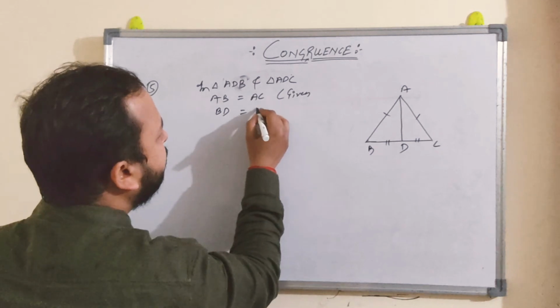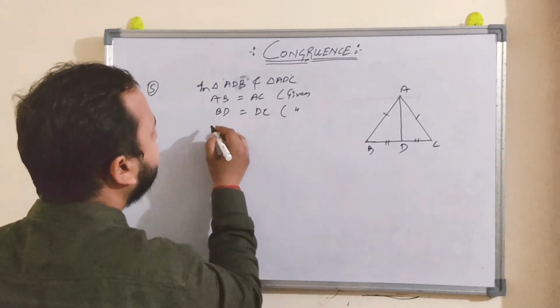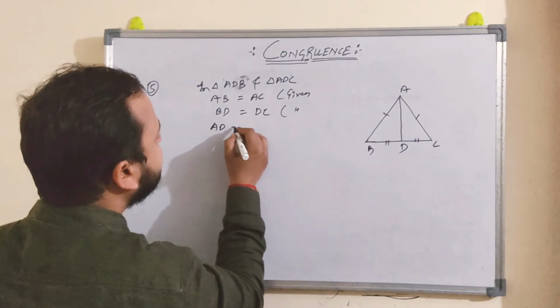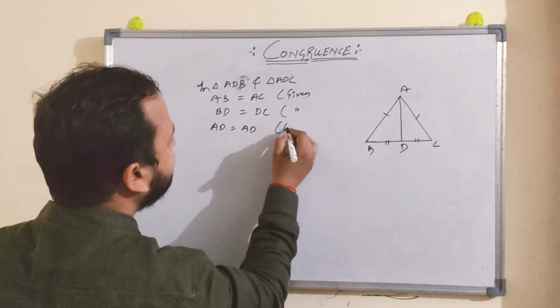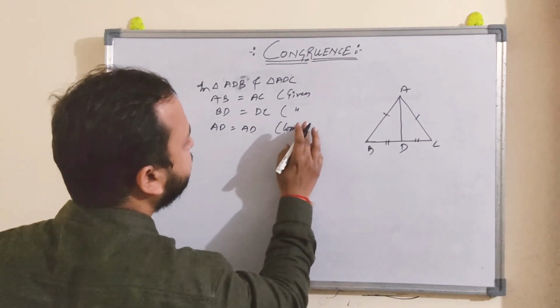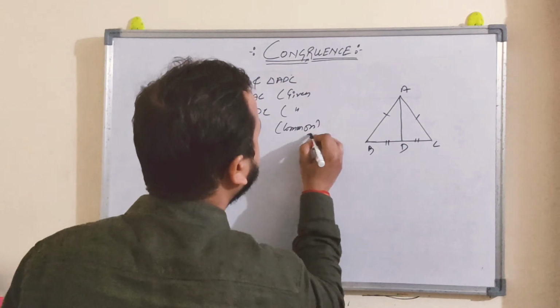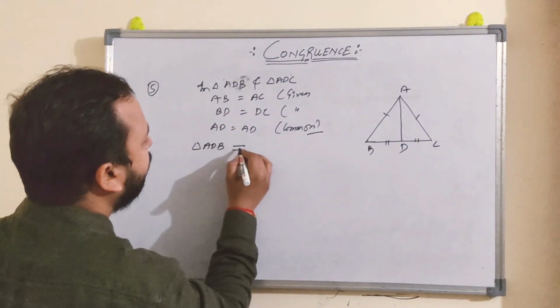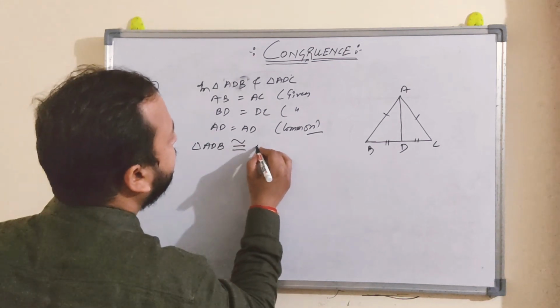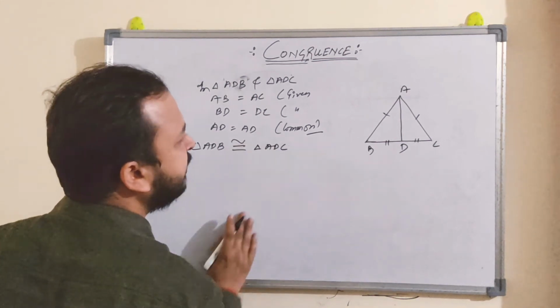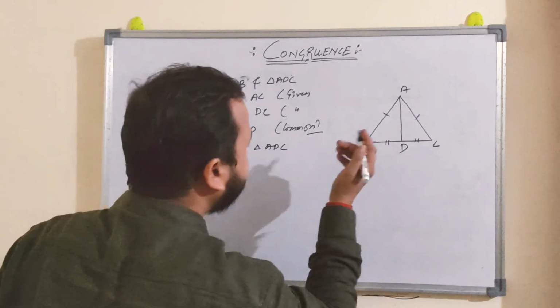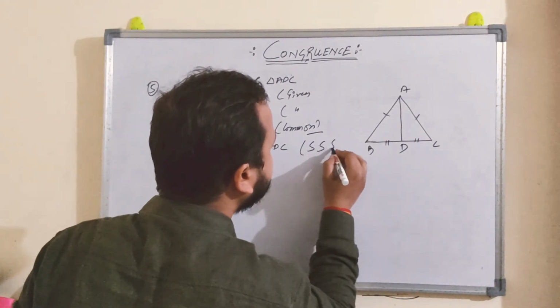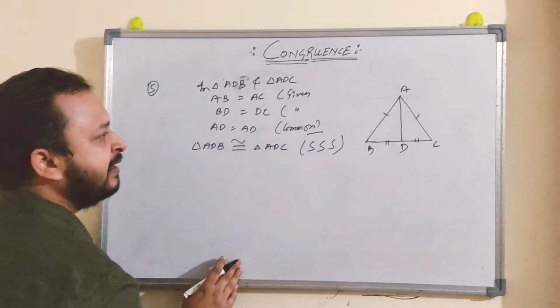BD is equal to DC. It is also given. And AD is equal to AD. Why? Because it is common. So triangle ADB is congruent to triangle ADC. By which property? SSS. Right?